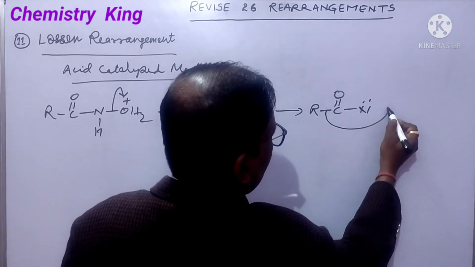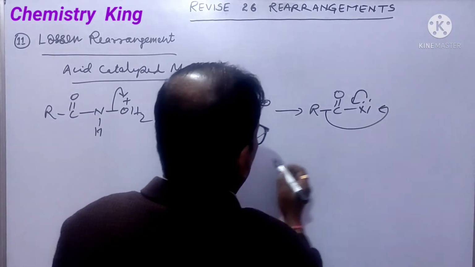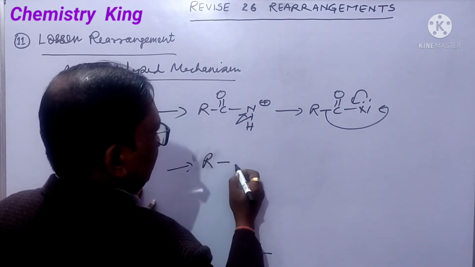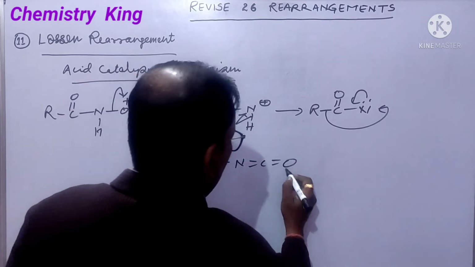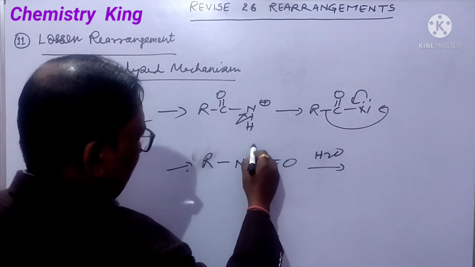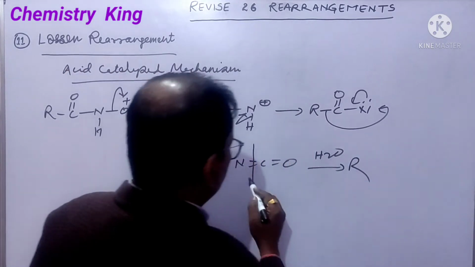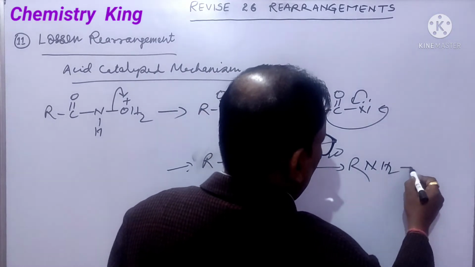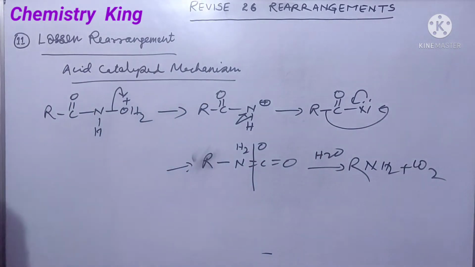Now rearrangement will take place. R will come here, and you will get R N double bond C double bond O, isocyanate. When it is hydrolyzed, hydrogen will come here, oxygen will come here, giving RNH2 plus CO2.